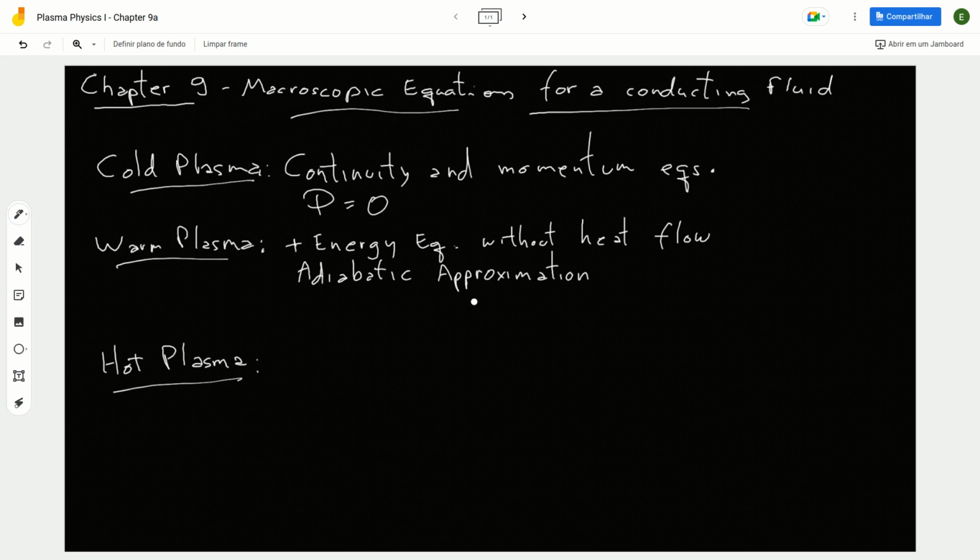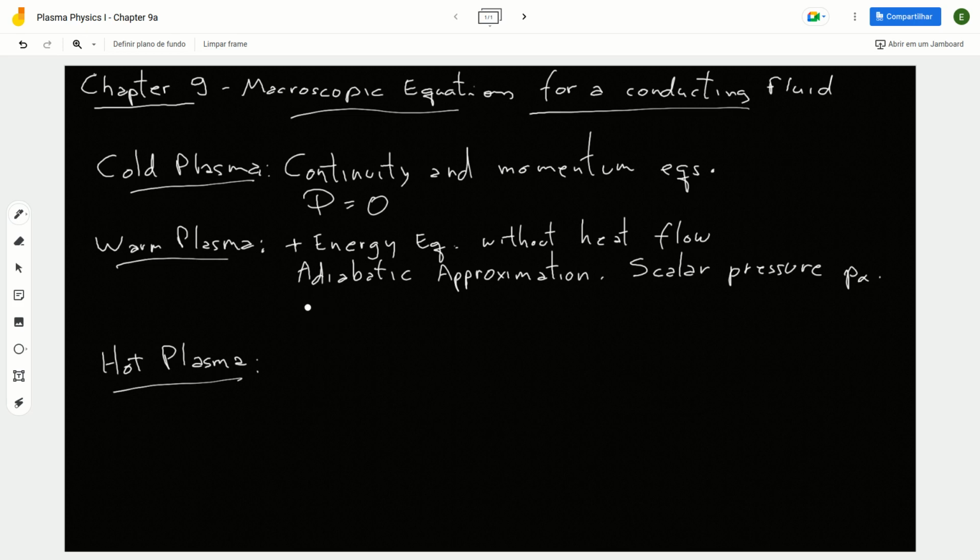You have only a single pressure, so you actually have a scalar pressure for each alpha particle. If additionally you suppose that the energy change by collisions is negligible, then the energy equation may be further simplified and you get the adiabatic equation.